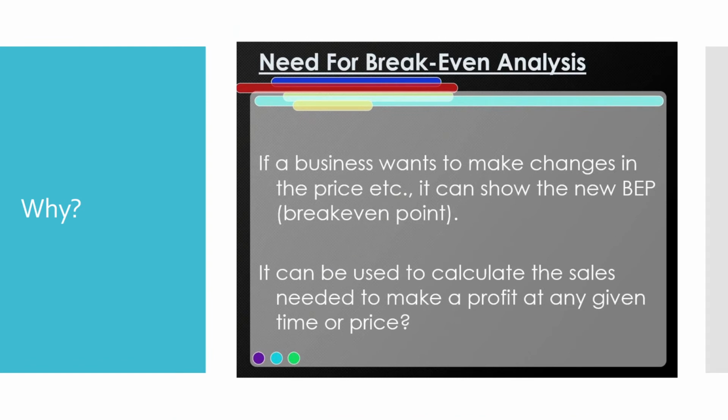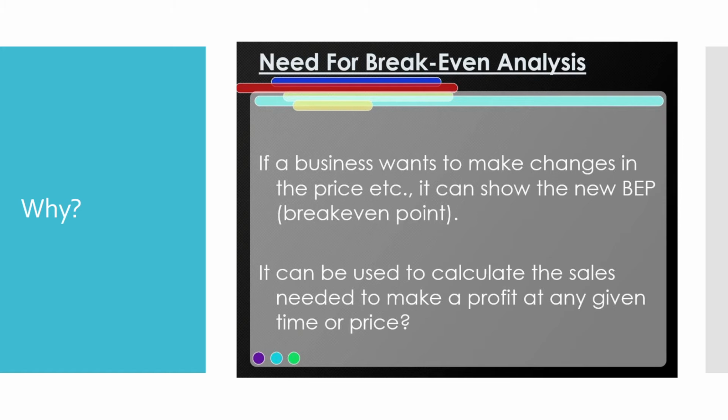And why? If a business wants to make changes in the price, it can show the new break-even point. So it's quite handy to learn how to do this so that you can work backwards and reverse engineer. If you want to make a particular level of profit, then you can figure out, well, maybe I need to sell 100 units.